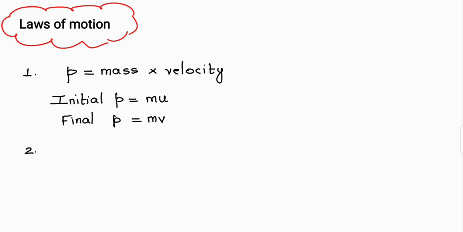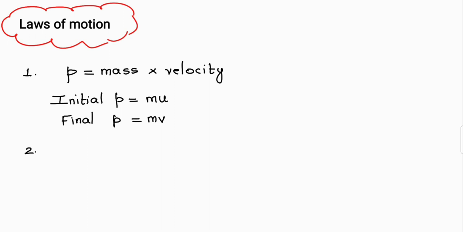Next is change in momentum, that is final momentum minus initial momentum, depending on whichever is bigger. Take that first, big minus small. So final minus initial. Sometimes if initial is bigger, if the body is slowing down, then initial minus final.